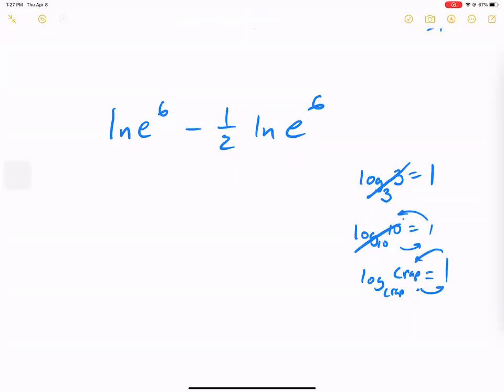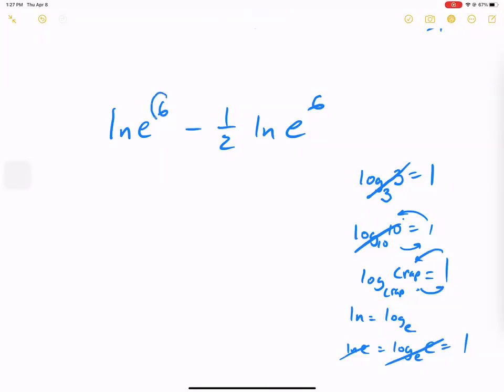We can do this for this problem also. Except remember, this is natural log, and natural log is the same as log base e. So log base e of e, natural log of e, is the same as saying log of e base e. And this is just 1. Both these actually turned out to cancel out. So for this problem, it looks super confusing, but there's a couple tricks that we're going to do.